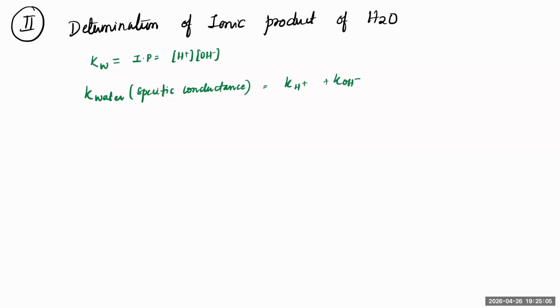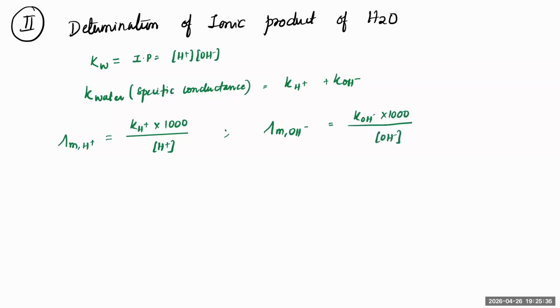And by formula, lambda m of H plus will be equal to kappa of H plus into 1000 divided by the concentration of H plus. Similarly, lambda m of OH minus will be equal to kappa of OH minus into 1000 divided by the OH minus concentration.